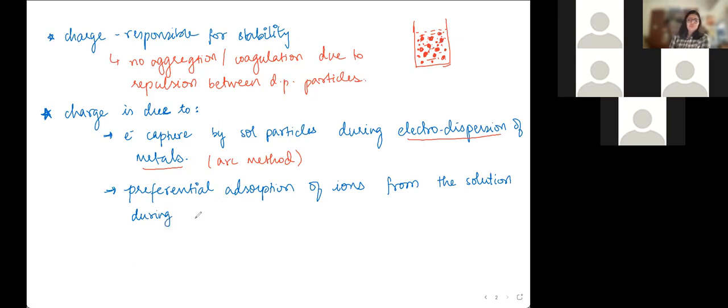So during the formulation of the electrical double layer.